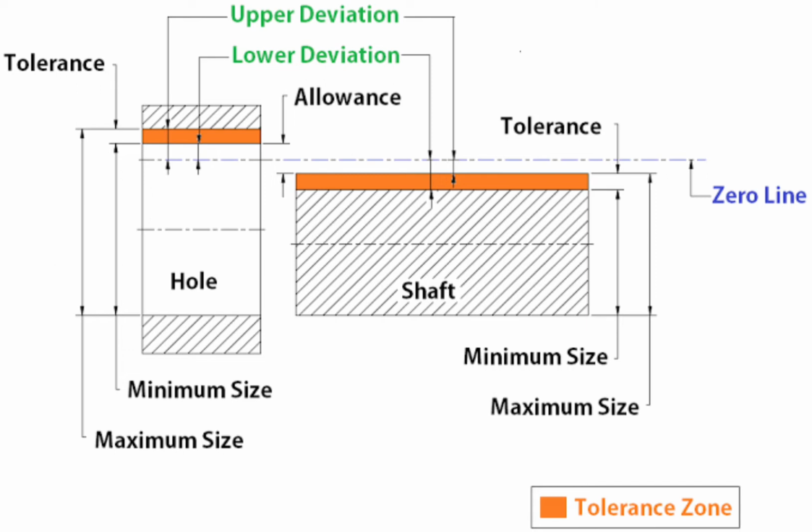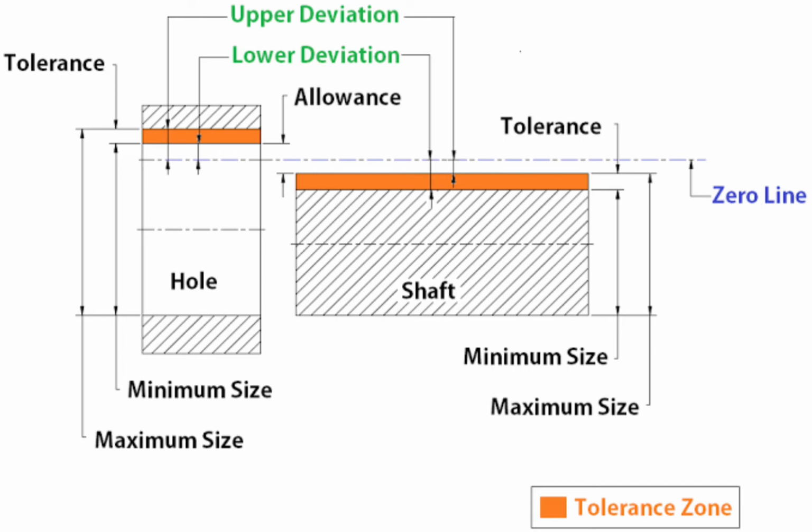The hole has a minimum size and maximum size, and the shaft also has a minimum size and maximum size. And there is one zero line. The zero line is called the basic size. The basic size means the size of the part or component given by the designer. From the basic size, we measure the deviation.